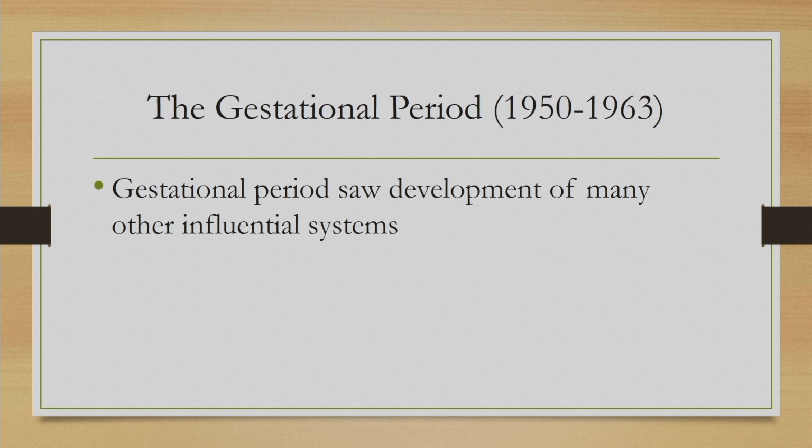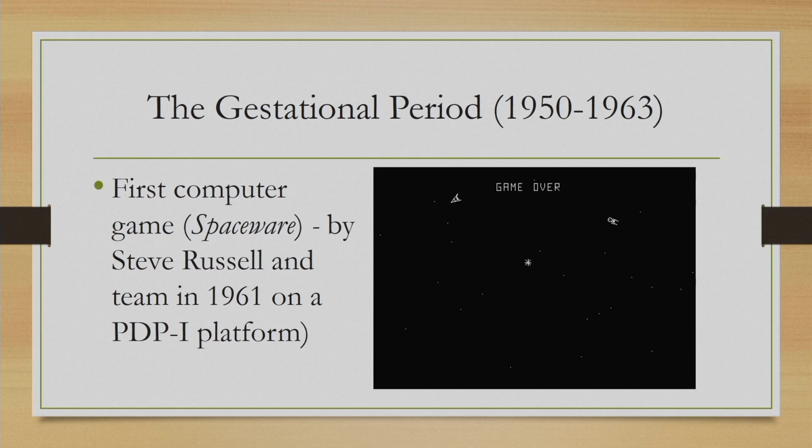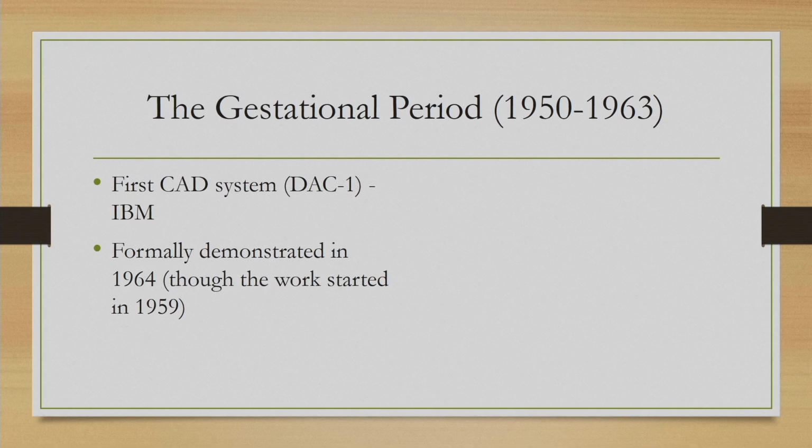Now, along with SAGE and Sketchpad, this gestational period also saw development of many other influential systems. During this phase, the first computer game called Spacewar was developed in 1961 on a PDP-1 platform, which is an early computing platform.